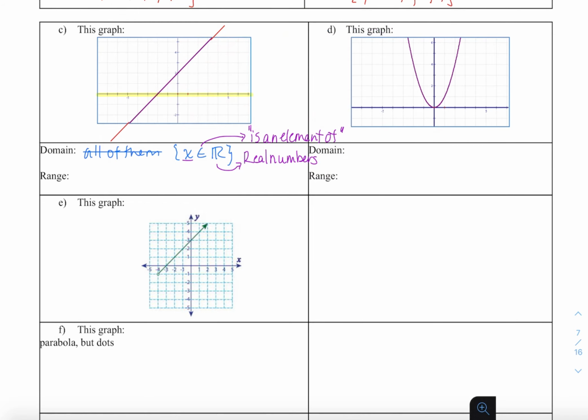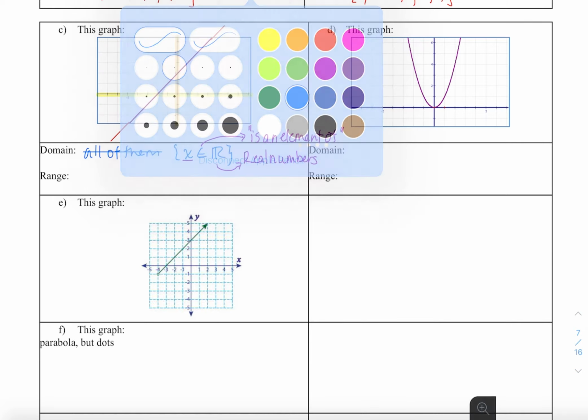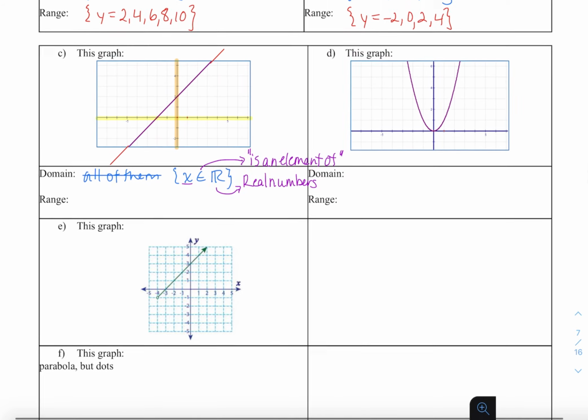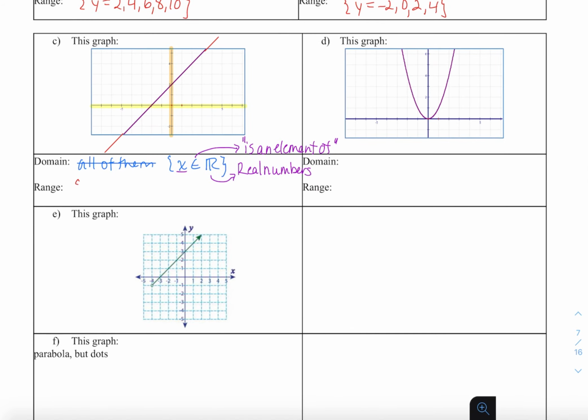the domain takes on. And if I want to consider the range, same idea. I can see that all the y values are covered by this graph. So what I'm going to do is write y, because that denotes the range. y ∈ ℝ.